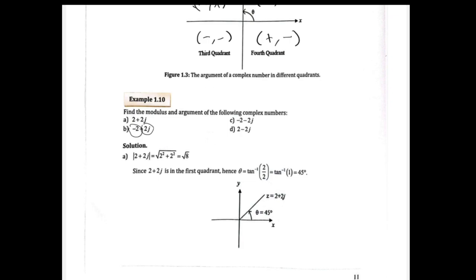So let's look at the answer. It is the same value of imaginary and real part, so we can expect it has the same modulus, which is 8, and the same angle, which is 45. But this 45 is actually this, right?